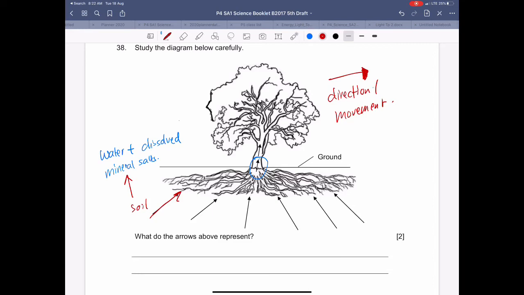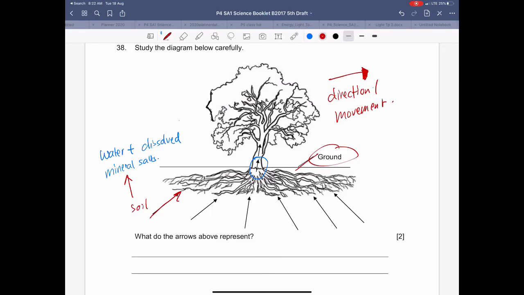I said at labeling you must always use, this is a very good example, just one straight line like this, no arrowhead. So an arrowhead depicts movement or direction. Therefore it shows you the movement of water and dissolved mineral salts from where? From the soil to the plant.